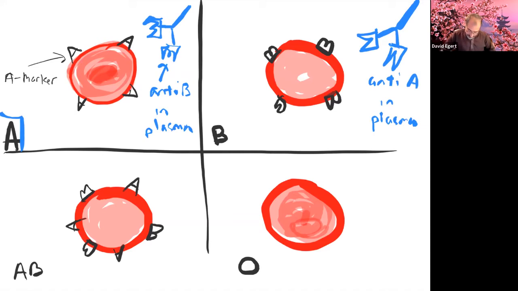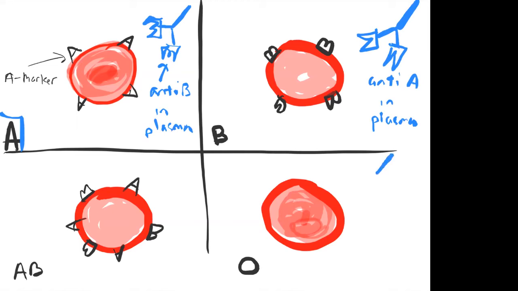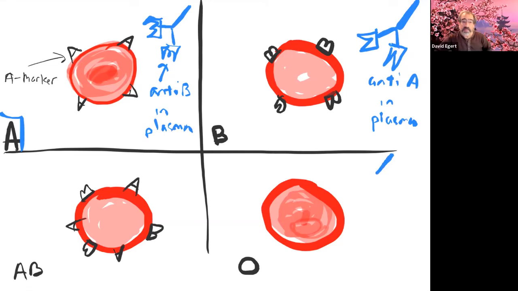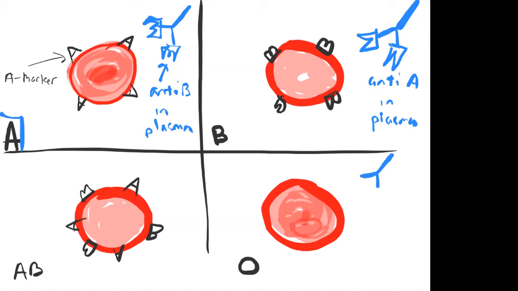If I am type O blood, what am I going to have? None. Now remember, you're going to have antibodies against everything you don't have. So against A and B? Uh-huh.